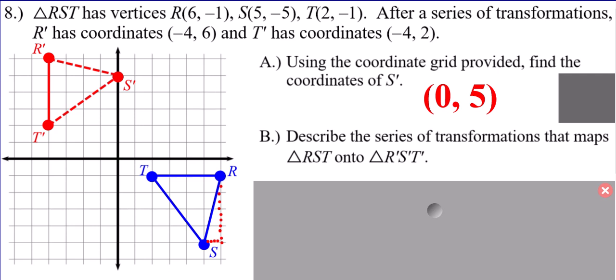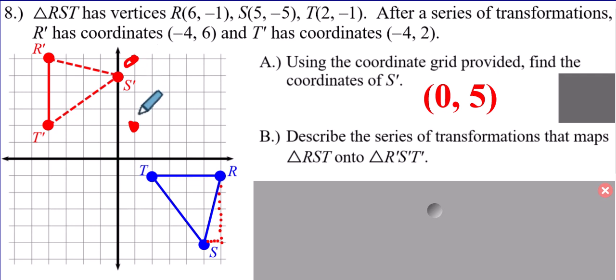So if I would do a 90-degree clockwise rotation, then T, instead of being right 2 and down 1, would have been up 2 and right 1. That's where T would have been. Well, now it's way over here. Likewise, R, instead of being 1, 2, 3, 4, 5, 6, and then down 1, would have been up 6 and right 1 if I do a 90 degrees counterclockwise rotation.